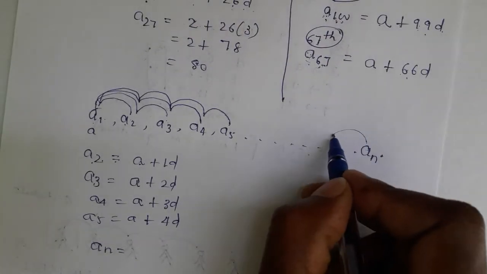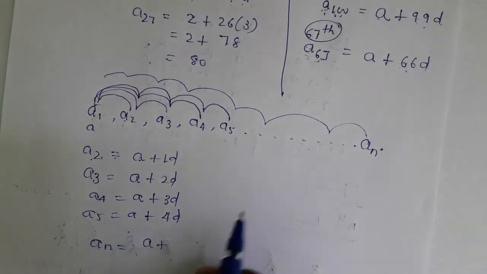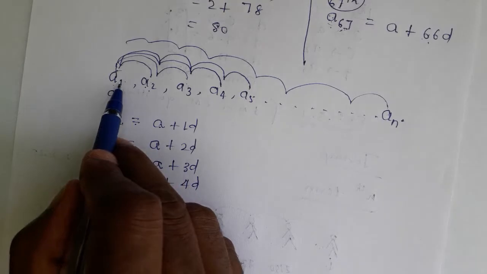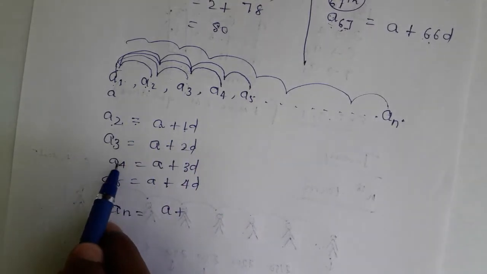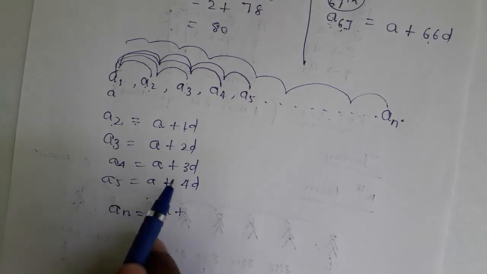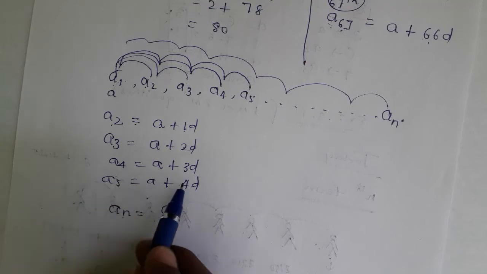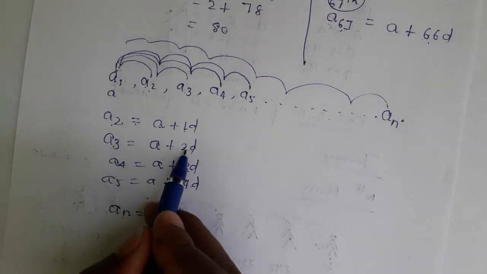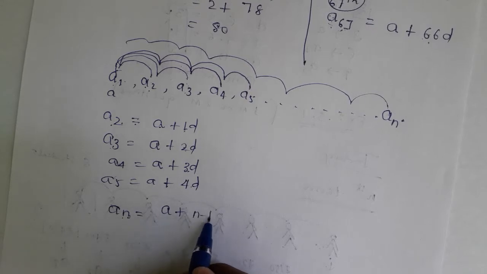Similarly, An also goes to A like this. An goes to A by taking how many jumps? Tell me. See here, second term takes one jump. Third term takes 2 jumps. Fourth term takes 3 jumps. Fifth term takes 4 jumps. Similarly, nth term takes how many jumps? Fifth takes 4 jumps, that means 1 less. Fourth takes 3, 1 less. Third takes 2, 1 less. Similarly, nth position number takes 1 less, that is n minus 1.